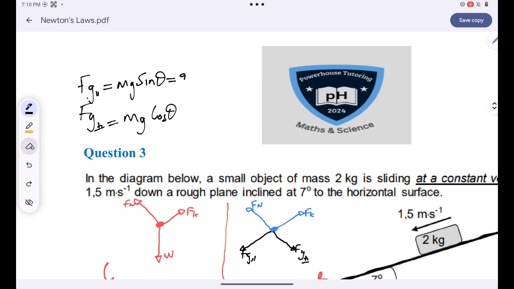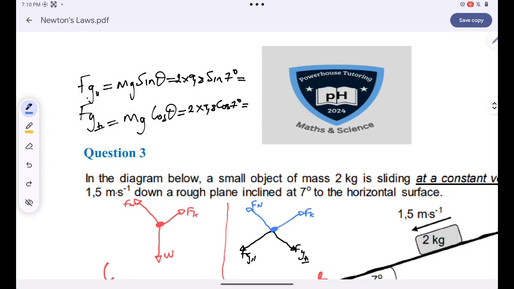Simply say the mass is 2, right? 2 multiplied by 9.8 multiplied by sine of 7 degrees, and then 2 multiplied by 9.8 multiplied by the cos of 7 degrees.